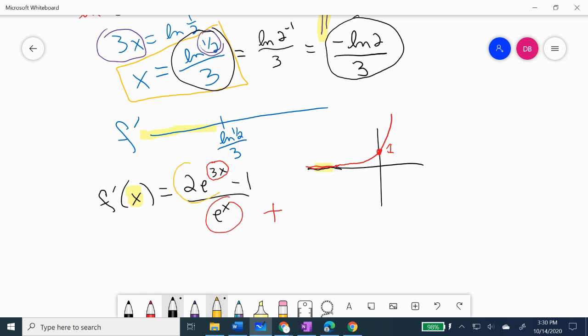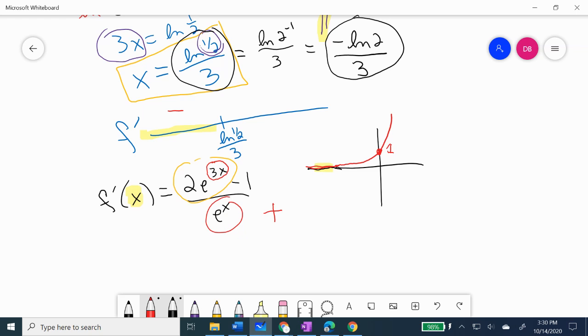So this is an insanely small positive number, minus 1. That's going to be negative. So that gives me negative for when x is less than the natural log of 1/2 divided by 3, whatever that crazy number is. Now, go big the other way.